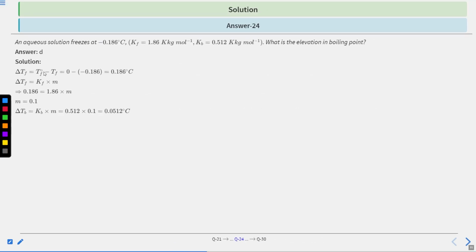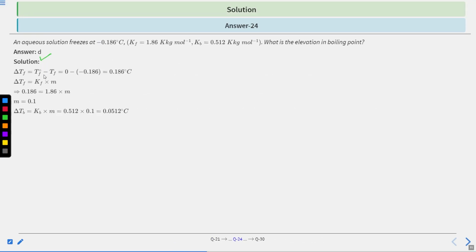Okay. So the correct answer is option D. So we know that the del TF or the depression in freezing point is equals to TF naught minus TF, and the freezing point of the liquid if we take in Celsius, it will be 0 degrees Celsius minus, and we have given the TF here, which is the temperature of freezing, which is minus 0.186.